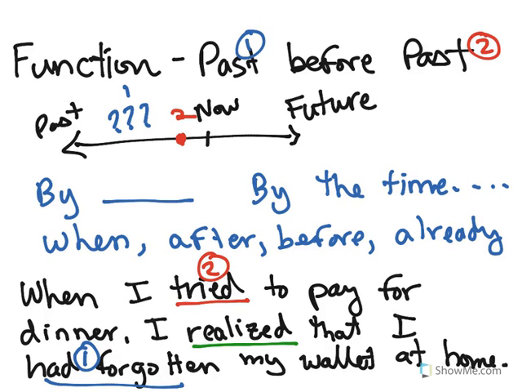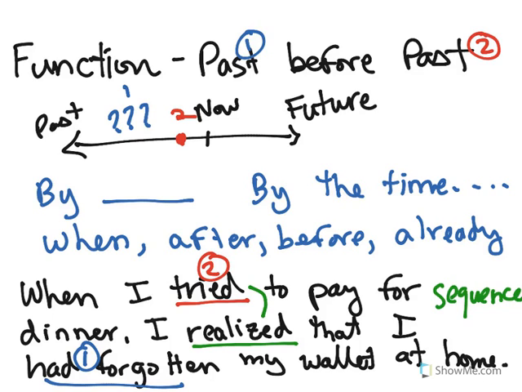Well, we've got another simple past verb here, realized. And that's because these two actions, tried and realized, happen in what we call a sequence, meaning the two actions follow each other pretty much immediately, or they happen one right after the other, with really no time or space in between the actions.